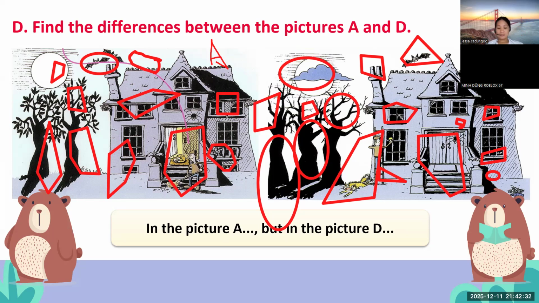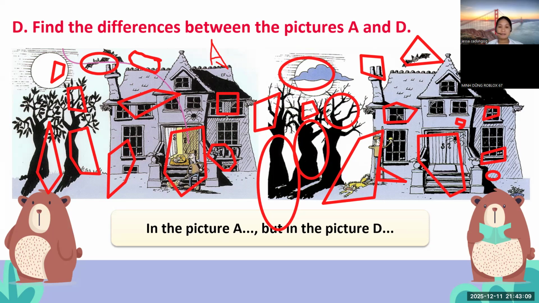Next, in picture A, there is no cloud, but picture D has a cloud. In picture E.